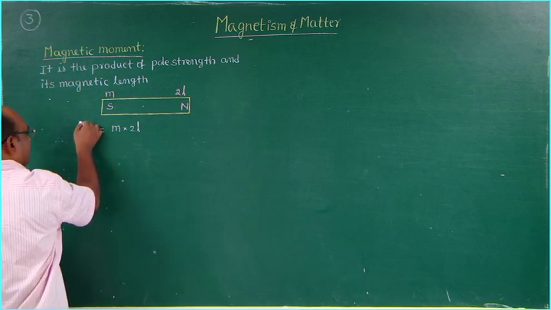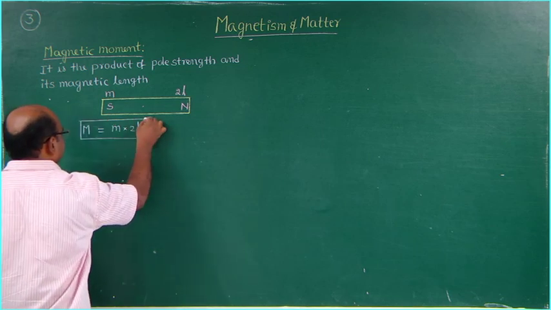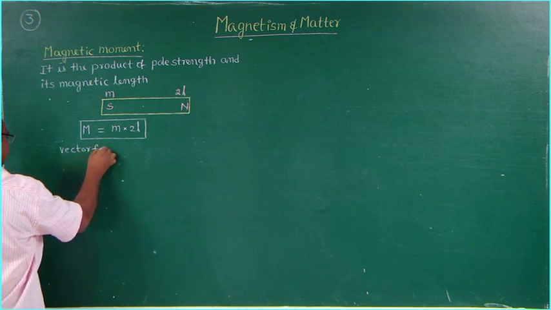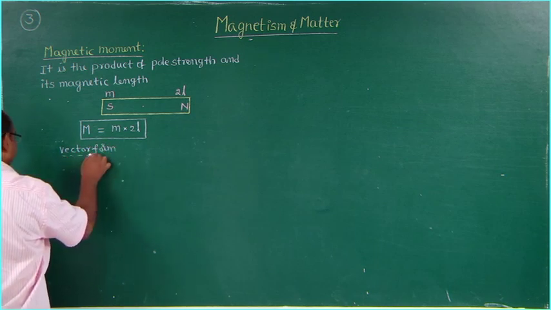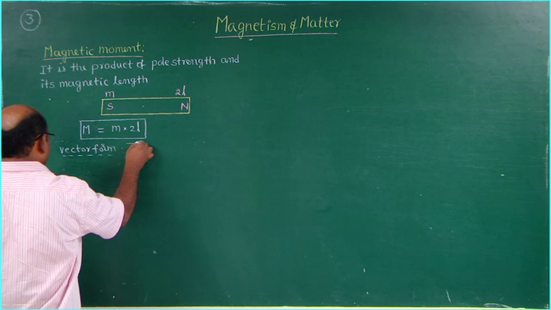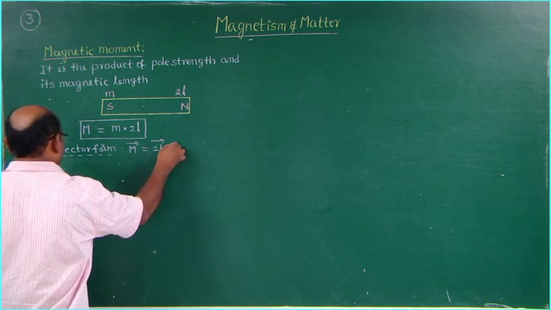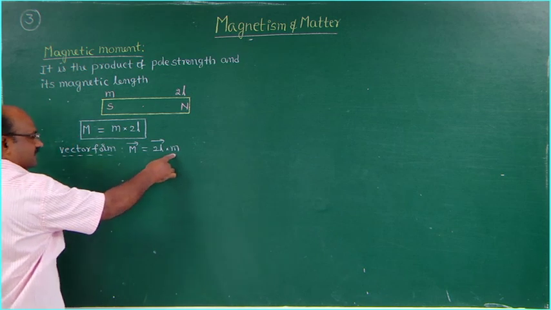This is the formula for the magnetic moment, and also the vector form: M bar is equal to 2L bar into M, where M is the scalar pole strength.